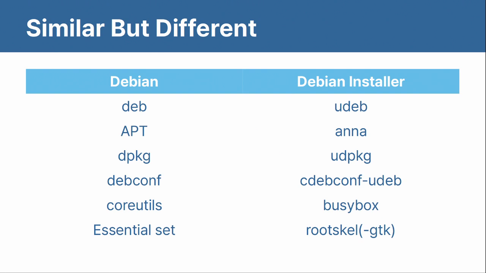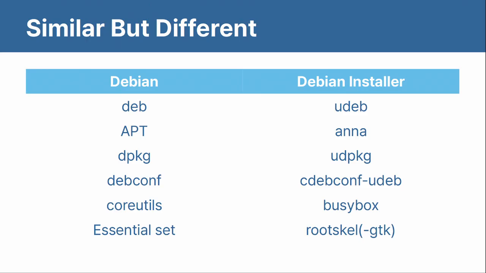That was the intention, and it's stuck through time. apt has a clone called Anna that is, again, restricted in functionality and size. dpkg, micro dpkg. There's this debconf package configuration system in Debian and the corresponding C implementation of it, which is further stripped down and becomes a udeb.